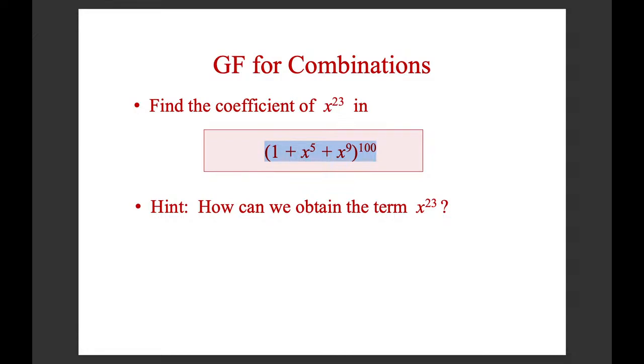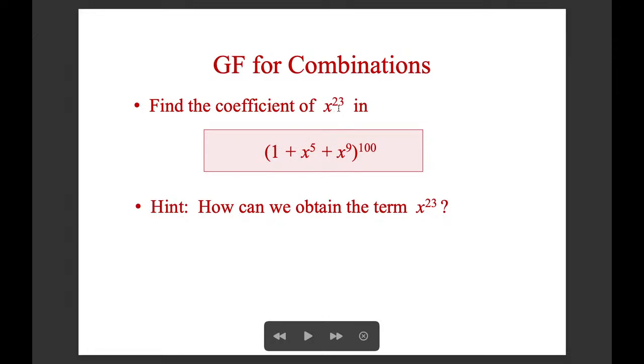So the coefficient of x to the power 23 is saying how many ways I can buy exactly 23 pieces of fruit. So this is the meaning here. But then, how do you get 23?